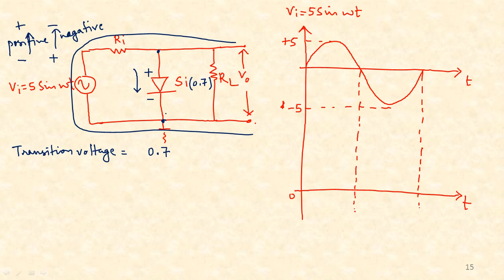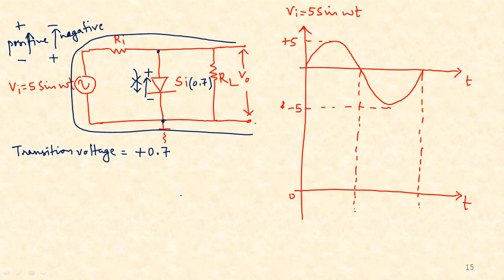Just consider only this path. You are not supposed to trace round and round. Just consider the diode as an isolated one. And now tell me, should I consider it as plus 0.7 or minus 0.7? This is the wrong way. We are moving from negative to positive, so the transition voltage is plus 0.7. Hope this is clear to you, students.